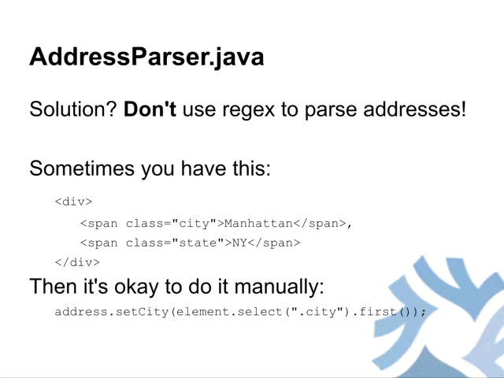Other times, though, you'll find in an HTML document a case where the city and the state or some other address fields are very clear in the HTML. In those cases, it's okay to do it manually, to use CSS selectors or JSoup selectors to find the fields. But in general, you should be using the AddressParser.parse on the string.